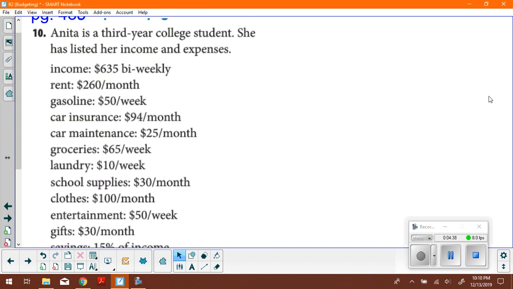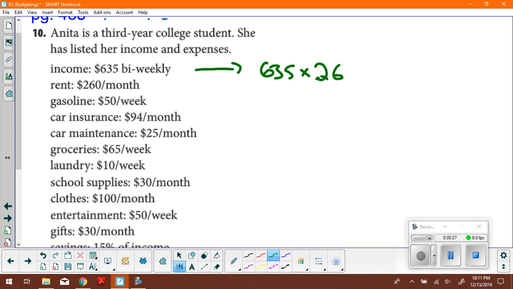Okay, so we want to do this per month. The first thing is to deal with the income. The income was given to us bi-weekly, so we're going to have to convert that to monthly. The way we do that is we're going to take the income, 635. In order to convert it to monthly, we need to bring it up to a full year. There are 26 in a year for biweekly.